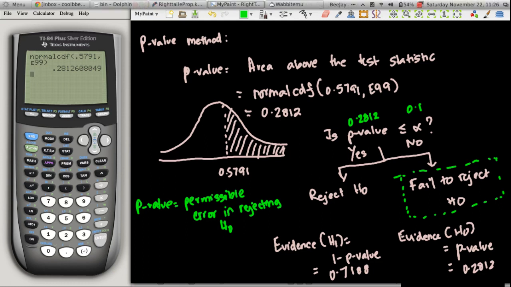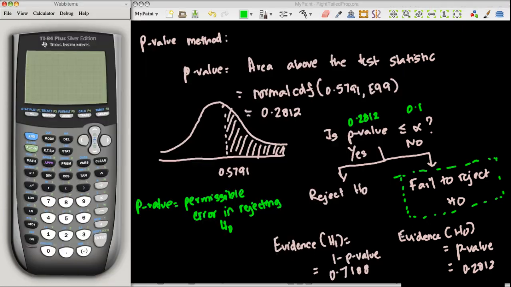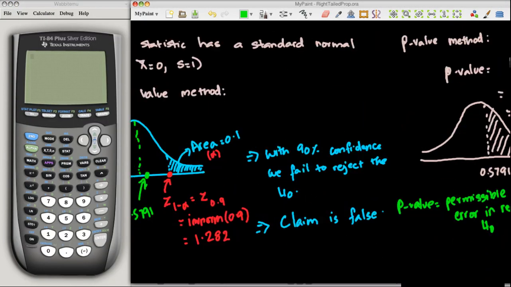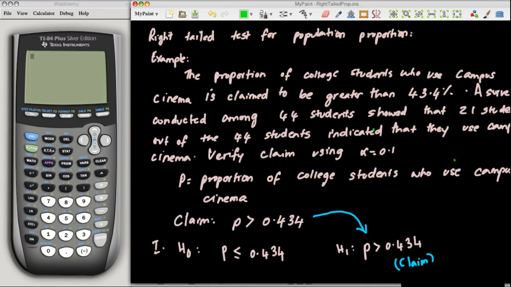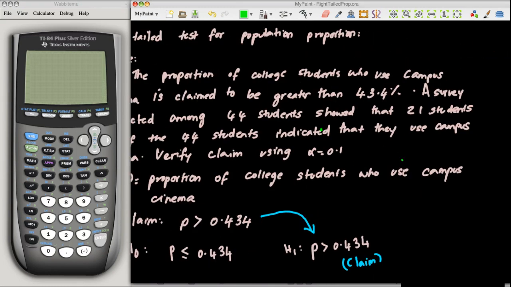Next, I'll show you how this problem could be done using a calculator. If we go back to our question, we have P naught, the claimed value, and we have x, n, and all. So press start, go over to tests, and select number 5, which stands for 1-proportion z test.